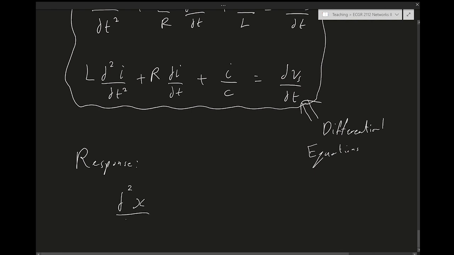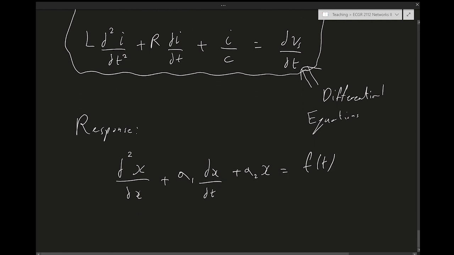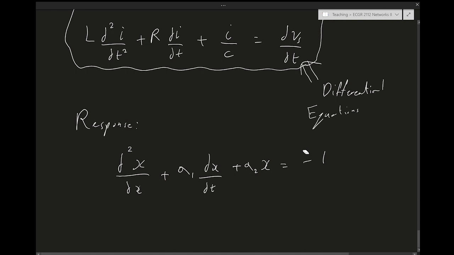In general it looks like this: d²x/dt² plus some constant times dx/dt plus some other constant times x equals f(t), some forcing function. And we will limit ourselves at this point to forcing functions that are just constants, a voltage source or a current source, and so on.